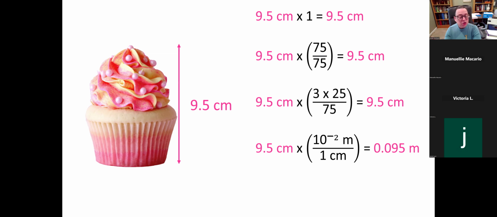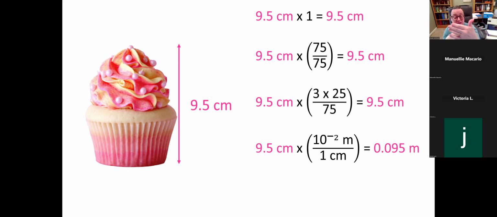Right? Units should not appear and disappear just because you want them to, right? So the units in this problem are changing from centimeters into meters, not because we magically wanted it to, but because we multiplied by something that was equal to 1 that had those units in it. And those units were arranged so that the centimeter units cancel.